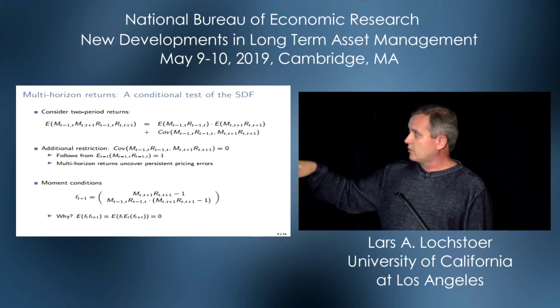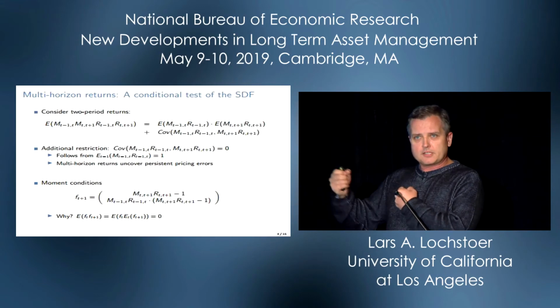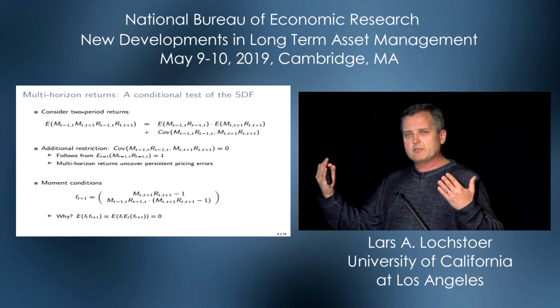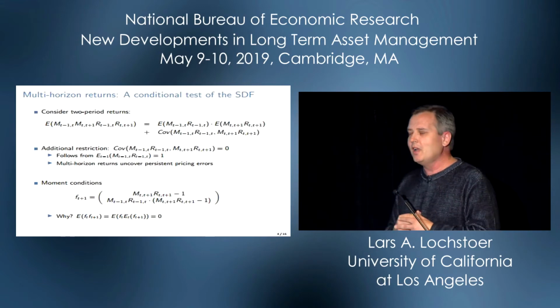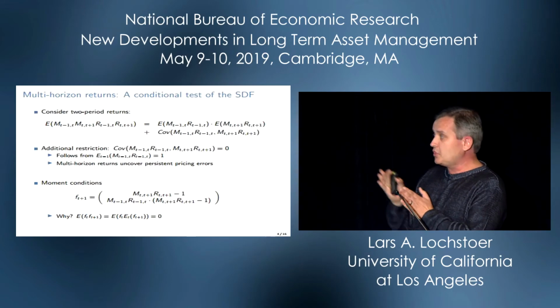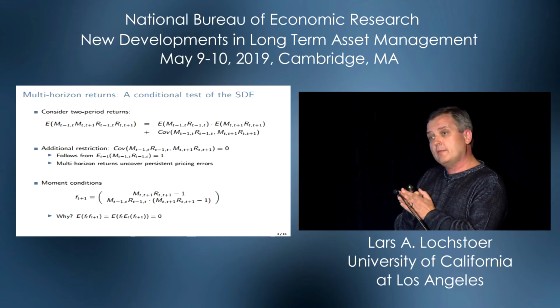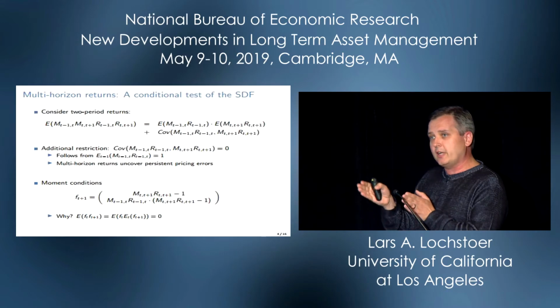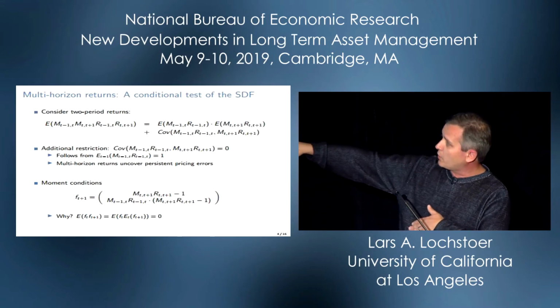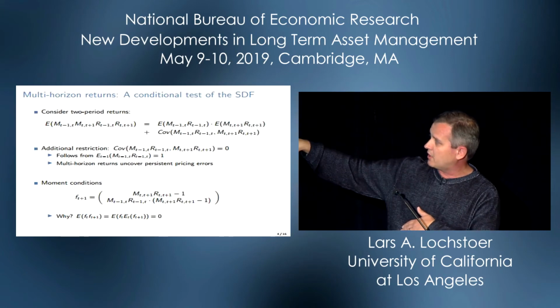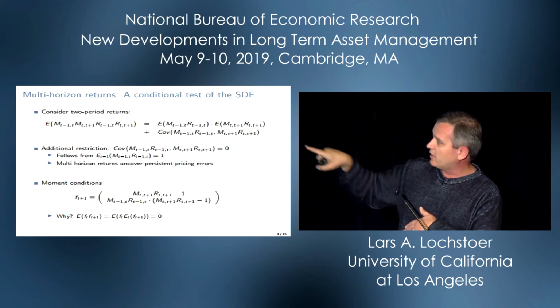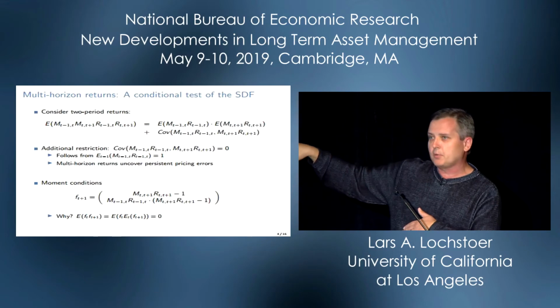So just one quick note, we're going to look at multiple horizons: 1, 2, 3, 6, 12, and 24 months. What you get when you do these GMM-type tests are overlapping observations, and that's not a great thing if you want to think about a spectral density matrix. So we're going to use this trick to write the 2-period moment in terms of the 1-period one plus the covariance term.